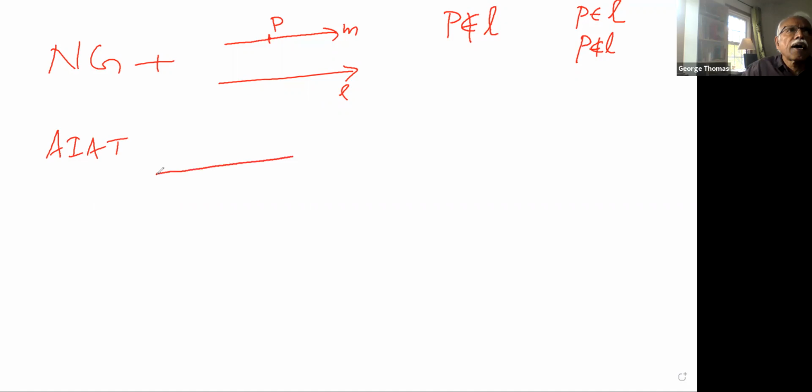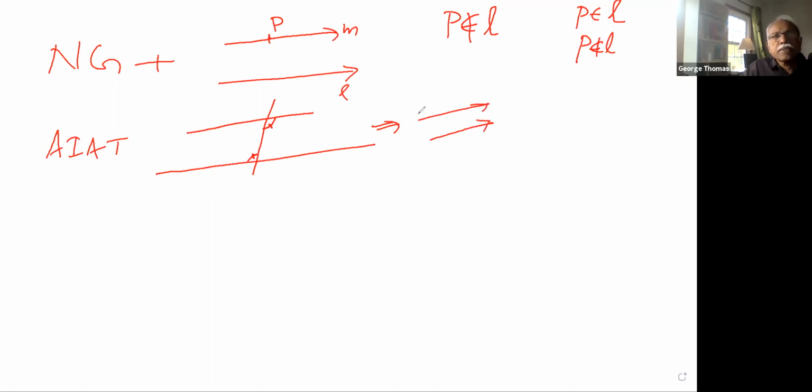The alternate interior angle theorem says, if you take two lines, and you can draw so that these two angles are equal, then the lines are parallel. Isn't that AIAT?